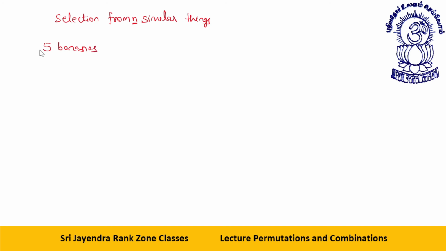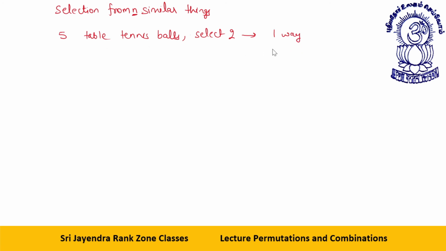Or let's say rather I should say 5 cricket balls, 5 table tennis balls. I ask you to select two. So it is only one way. This is only one way because all are alike.